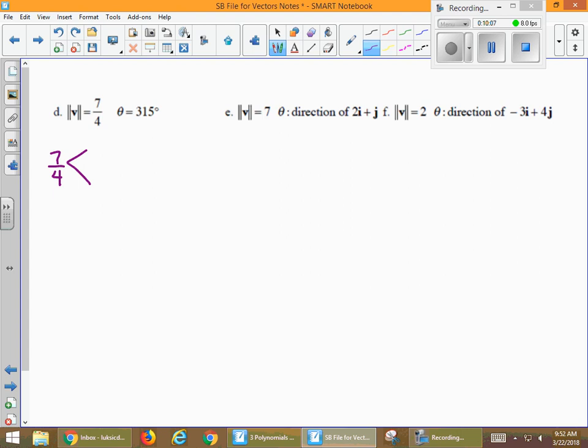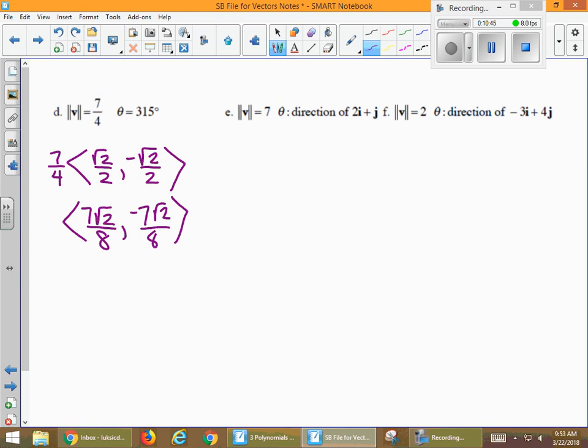Yeah, it's a pi over 4. It's the pi over 4 in the fourth quadrant. So cosine is positive and sine is negative in quadrant 4. And then just multiply across. So you're going to have 7 radical 2 over 4 times 2 is 8 is your horizontal component. And your vertical component, negative 7 radical 2 over 8. Or 7 radical 2 over 8 i minus 7 radical 2 over 8 j.